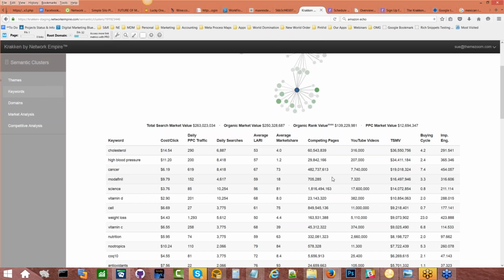When you look at a market, you want to know not only what I'm looking at in terms of barrier to entry and cost when I look at the competitive analysis screen, but also how engaged this market is in videos, because in a perfect world, if the engagement factor is high, then I'm going to want to have videos on my landing pages, right?